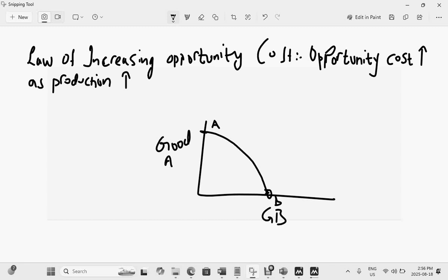Now, if you notice, right where you have point A, there's a bit of a flat line over here, which is near a horizontal line, parallel to your horizontal axis.